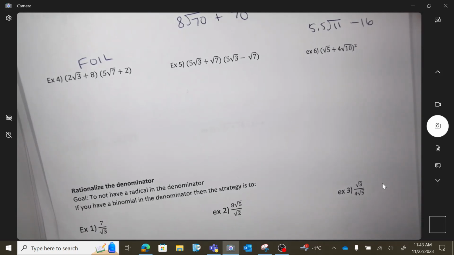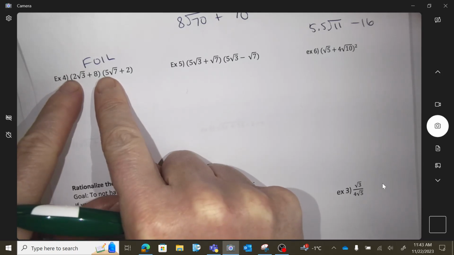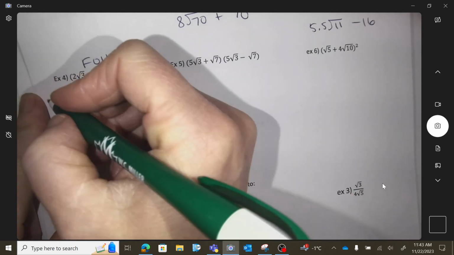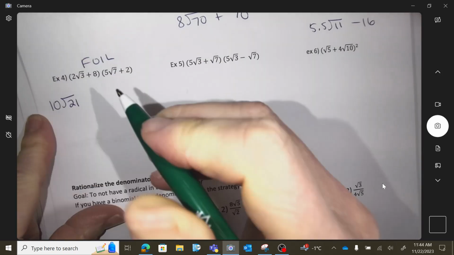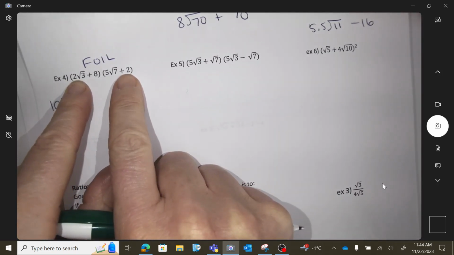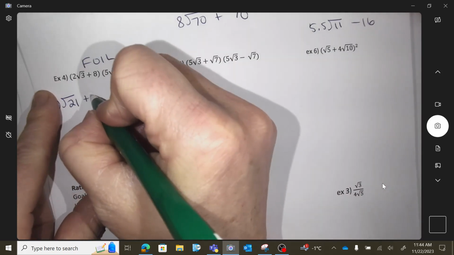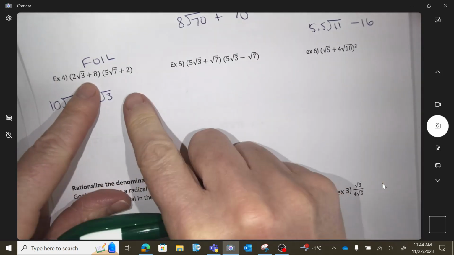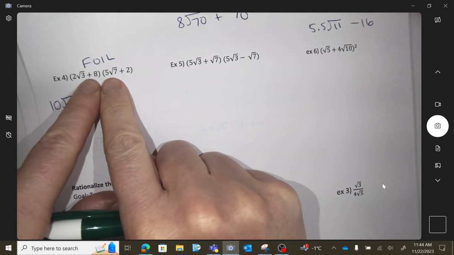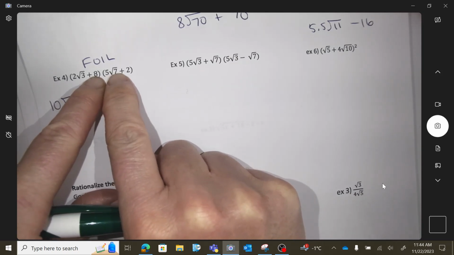Okay, so first times first. 10 root 21. Outsides, 4 with a radical 3, right? Insides, there's a 40 with a radical 7.